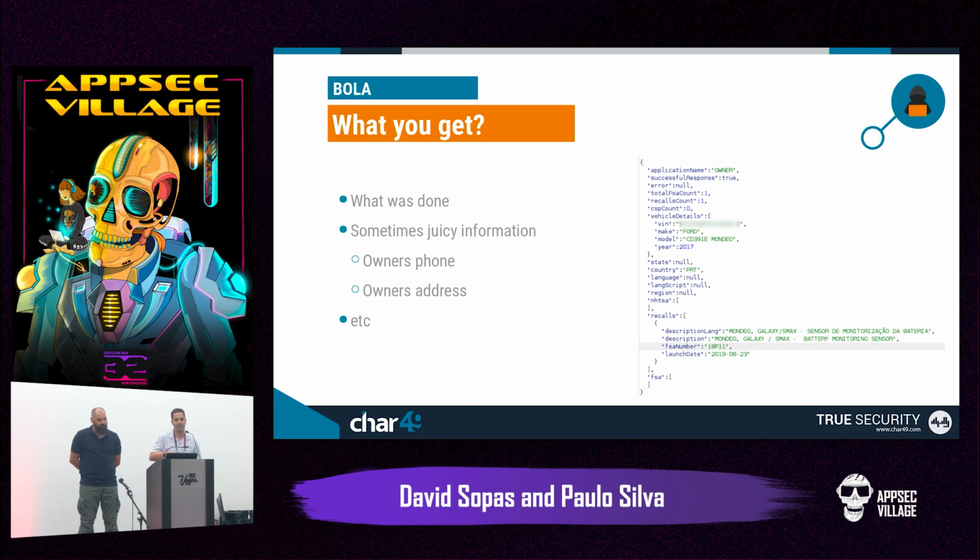I found something like, please return the car to the owner at this address, with his phone and everything. This is public information according to this manufacturer, but you can see the name and location of the owner of the car and everything.